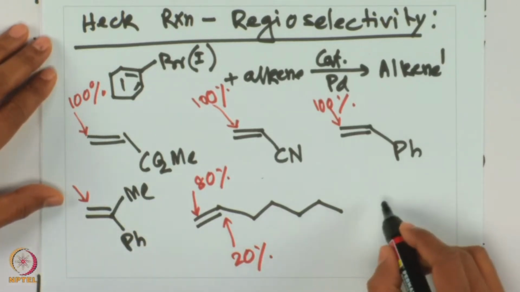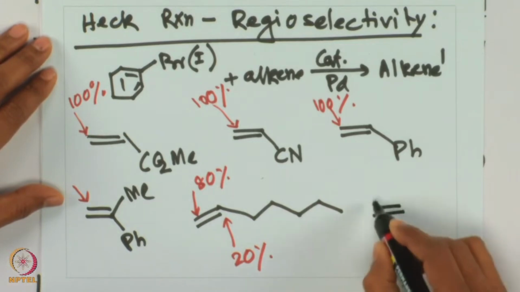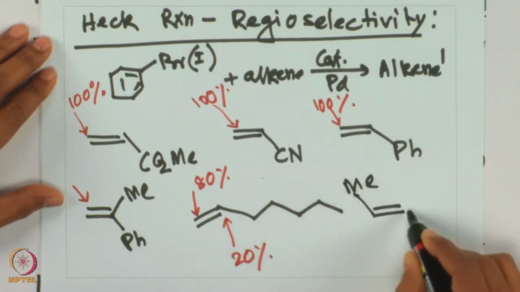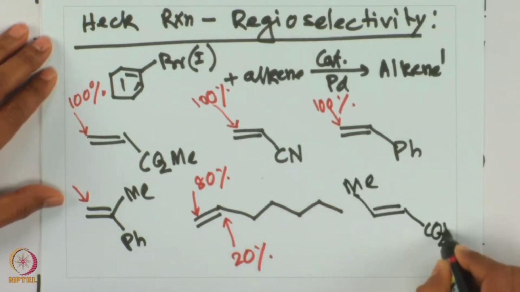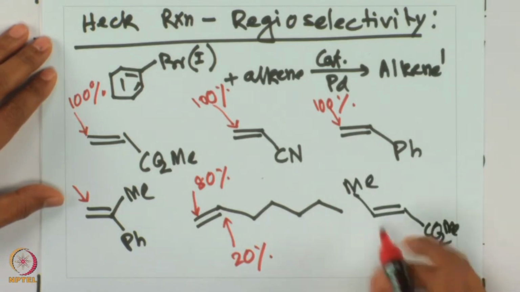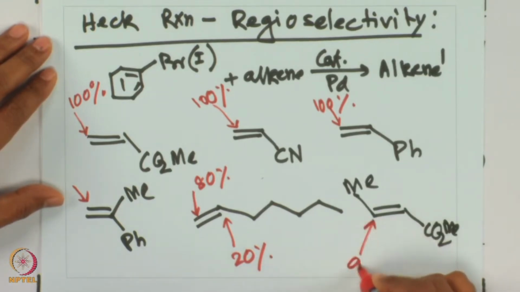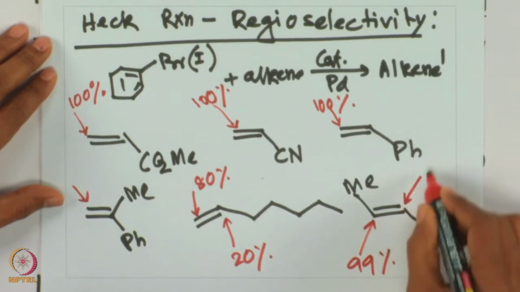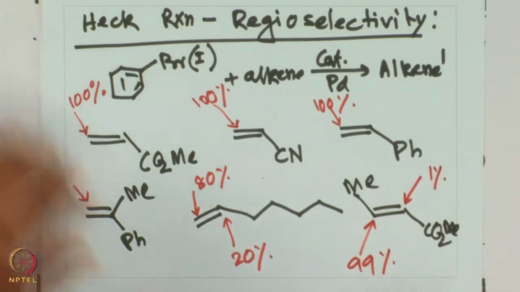As you keep asking more and more questions with these different substrates, previously it was 100% over here, now this is 99% and this is 1%, and so on. That remains the overall reactivity pattern for such reactions.